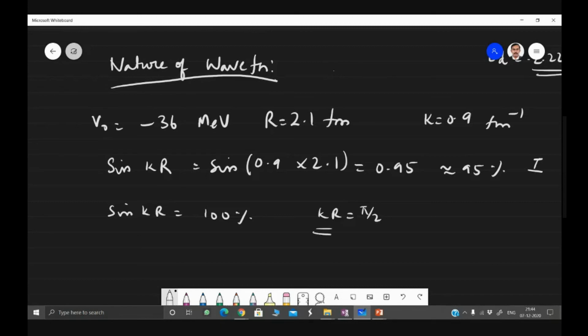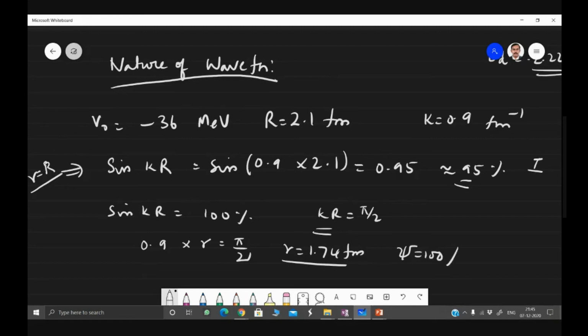So this is at r is equal to R. So we can simply estimate the distance, that means 0.9, that is the value of K, into r is equal to pi by 2. At r is equal to 1.74 Fermi, the wave function will be 100%.